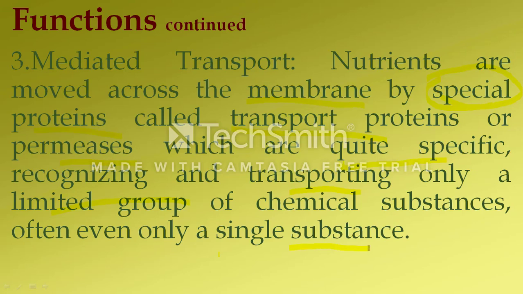So this is an example for facilitated transport or mediated transport. Here specific proteins which are present on the cell membrane allow the specific molecules to pass through the membrane, and they are called the transport proteins or permeases.